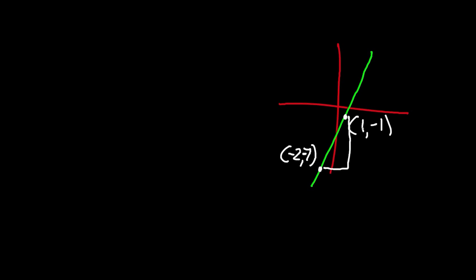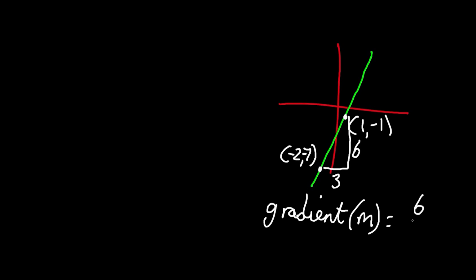On the x-axis we have 3 units. On the y-axis, -1 and -7, the difference is 6 units. So again, the gradient, which is m, is equal to the rise, 6, over the run, 3. 6 divided by 3 is 2. So this is a steeper line, as you can see.